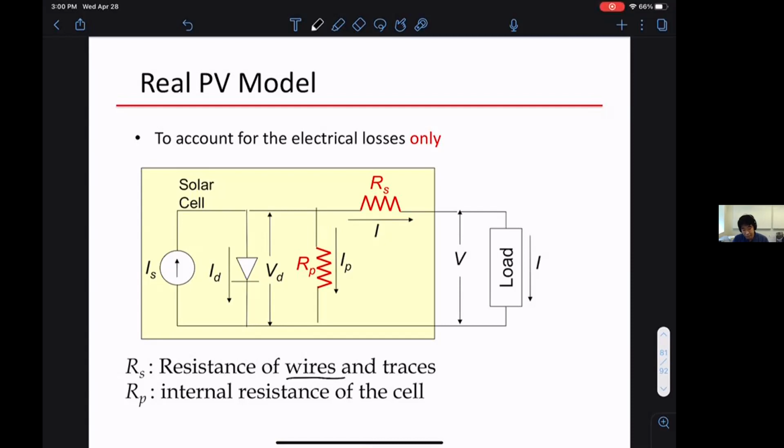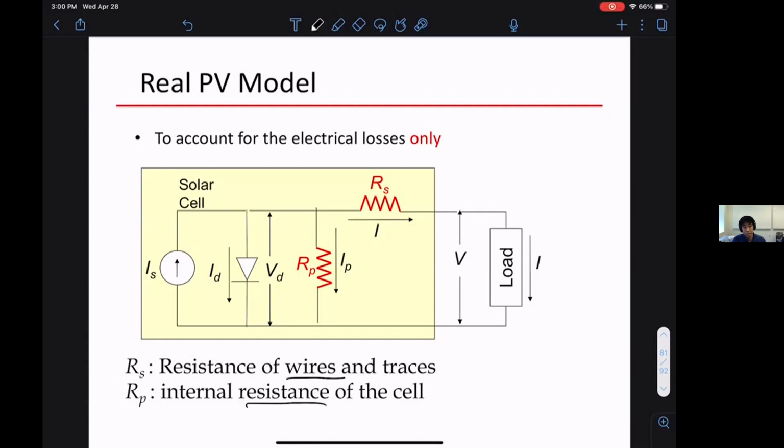Then there's another resistance in parallel, which is some internal resistance of the cell. This models the fact that I have a semiconductor crystal, so you lose some power when the current goes through this semiconductor. So this is a more practical model of the solar cell.